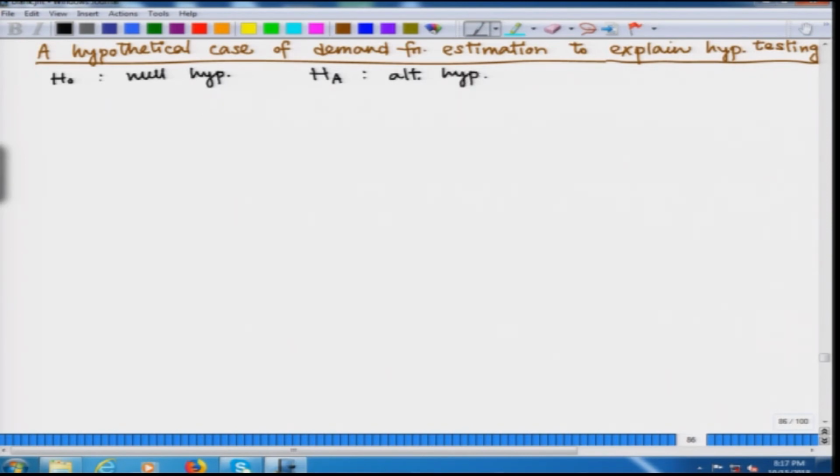Fine. So, now let us look at an example of making null and alternative hypothesis using the demand function estimation problem. Let us assume y is the quantity demanded of a commodity, say car.